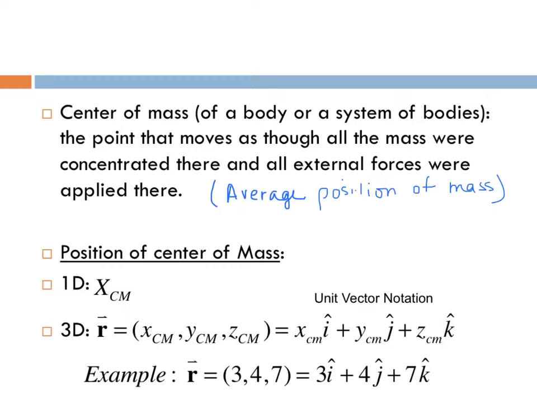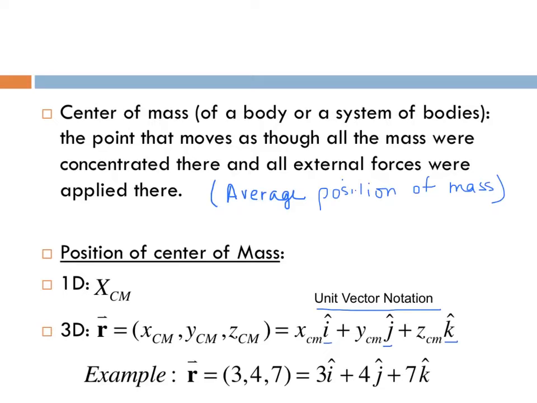Down here, we have a slightly different notation than we've seen before. This is called unit vector notation. All this means is that the i, j, and k just represent the direction that these numbers are going in. So down here, you have a 3 in the x direction, a 4 in the y direction, and a 7 in the z direction.